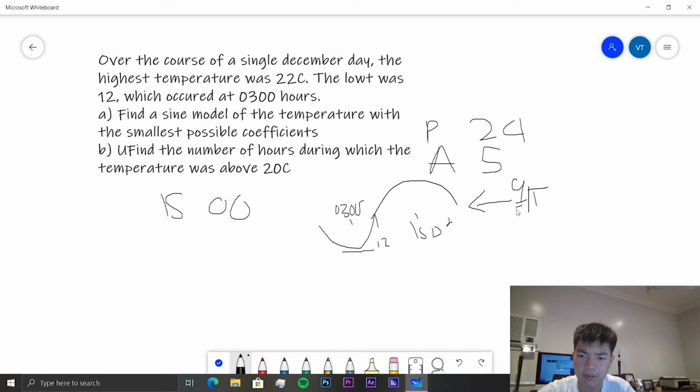I think it is 9 pi over 8. And of course it's shifted up by 10. No, 22 minus 12, I cannot do basic math, is 10 over 2, 5, 10 plus 12, 17. Wait, no, it has to be even. What am I doing? 22 minus 12, 5. No, it actually is 17.